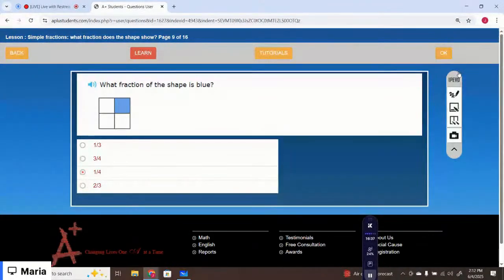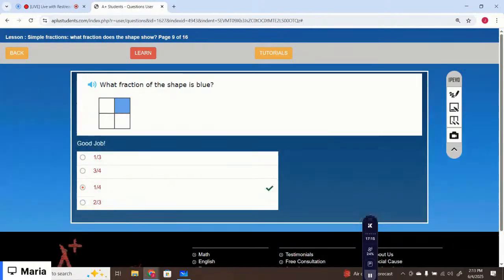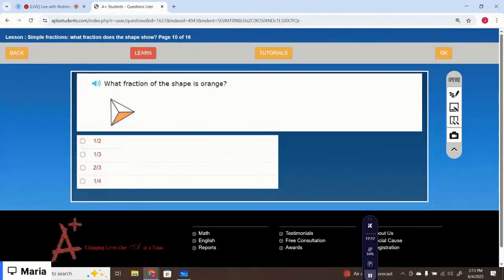That is one out of four. Option number three is the correct option. What fraction of the shape is orange?